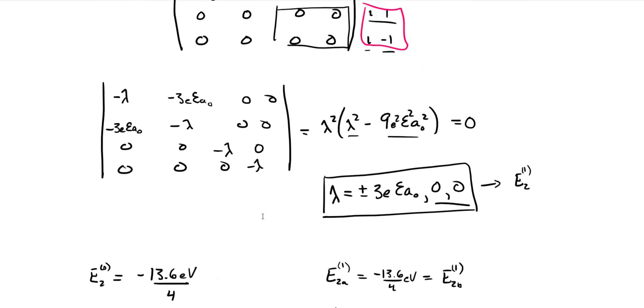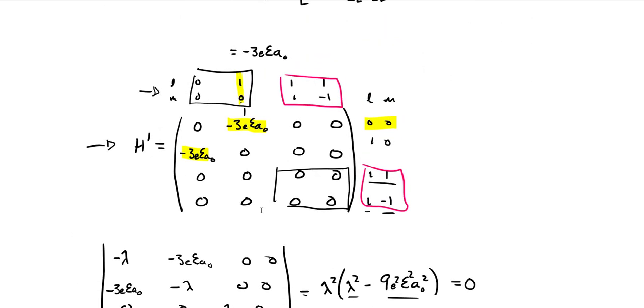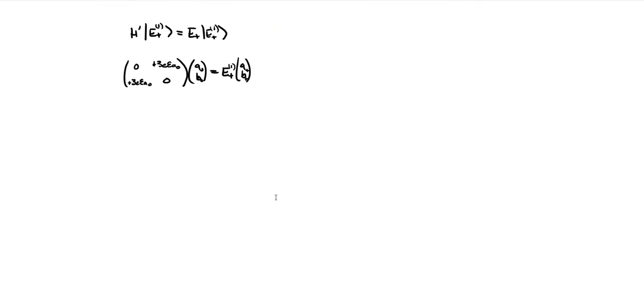The states are going to be some combination of these two states that are coupled by that perturbation Hamiltonian. So these are the coefficients of that states.